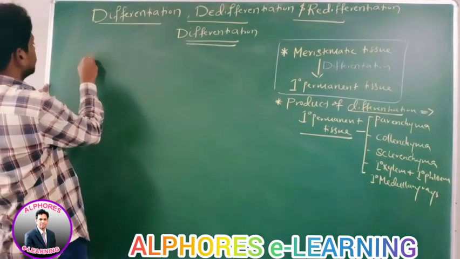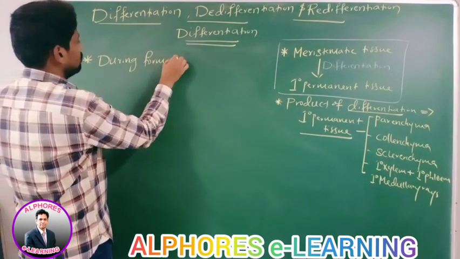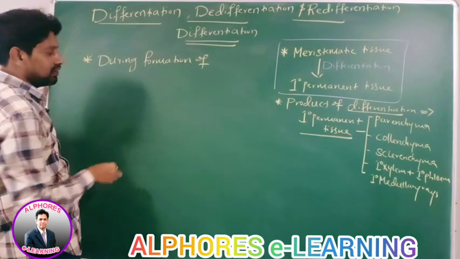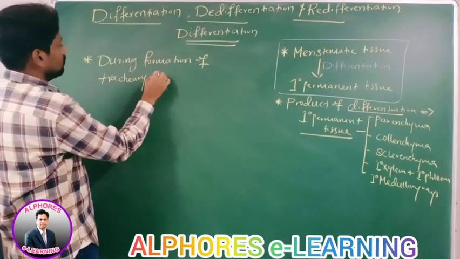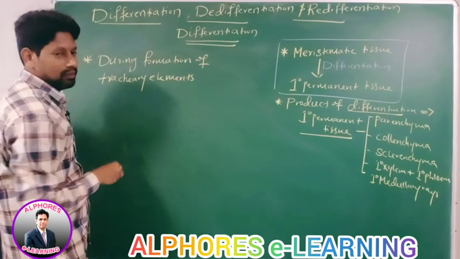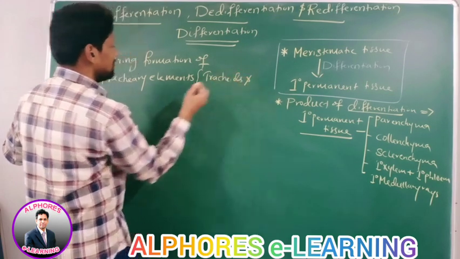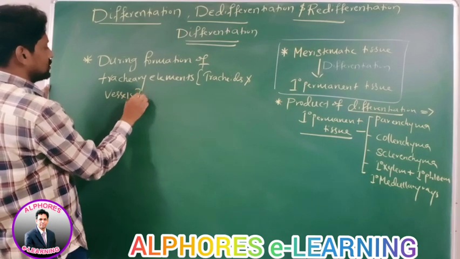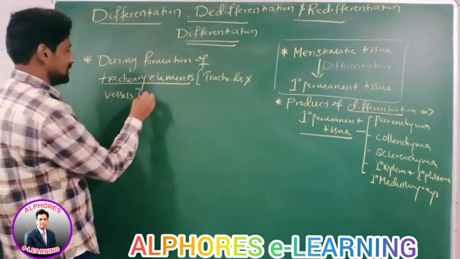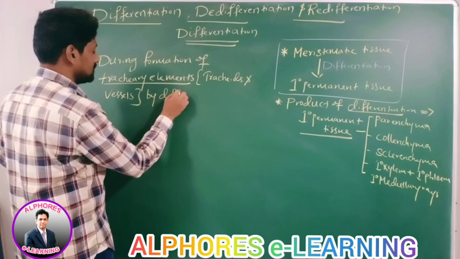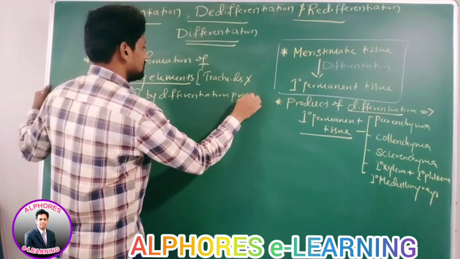During formation of tracheary elements, that is tracheids and xylem vessels, by which process? Differentiation process.